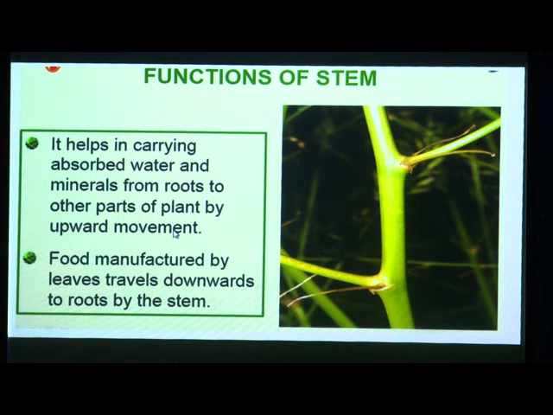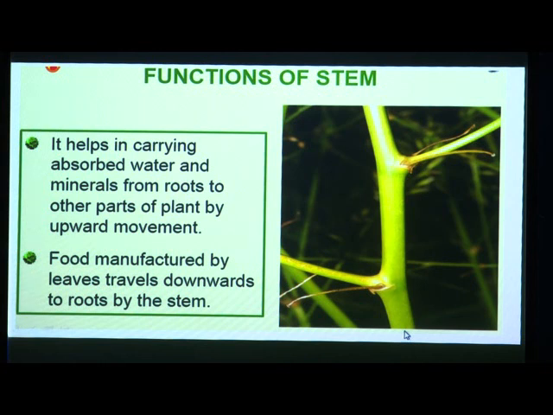Okay, what is the function of stem? This stem carries the absorbed water and minerals from roots. As we pour water for plants on the mud, the water and minerals are absorbed from the mud, and it is carried by the stem to the different parts of the plant.